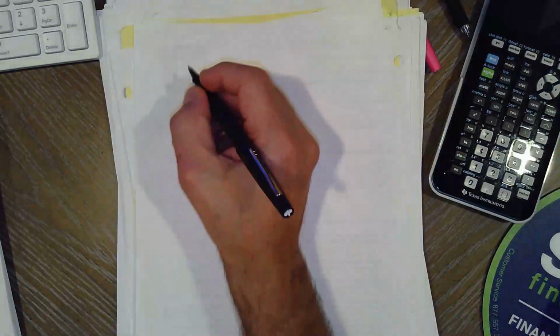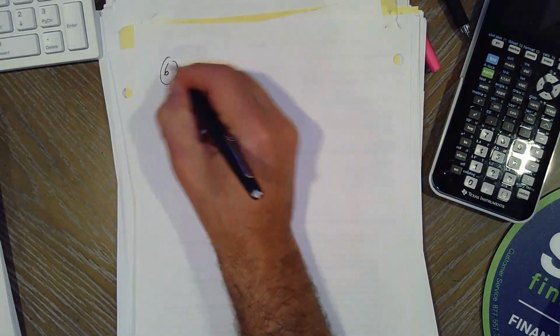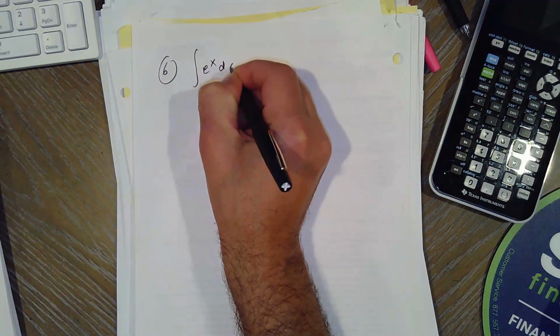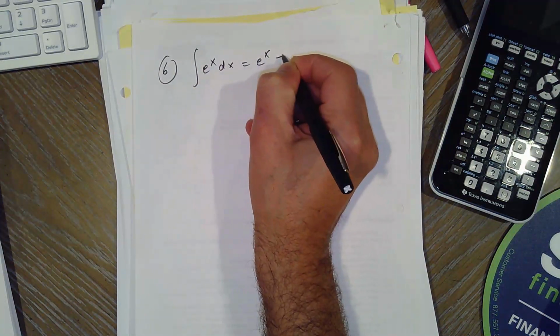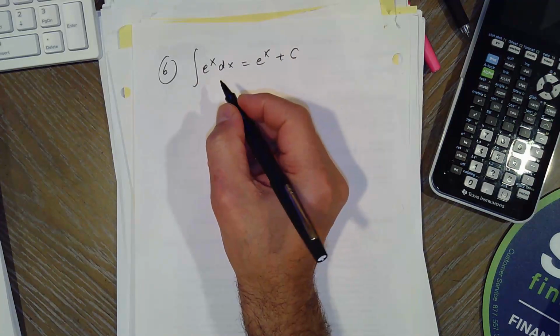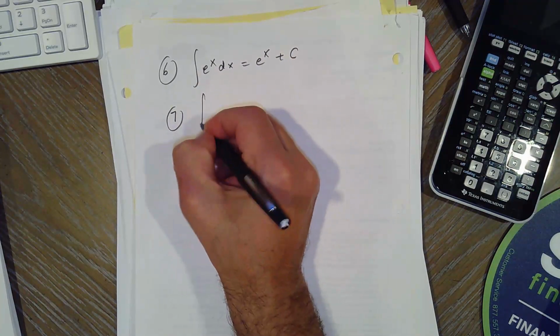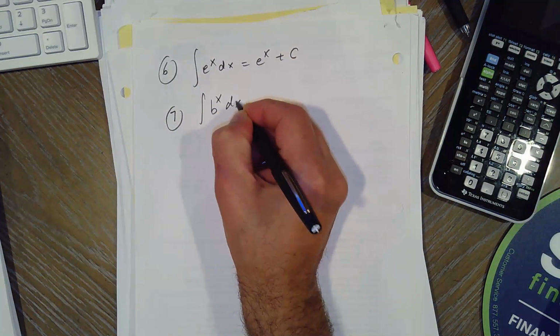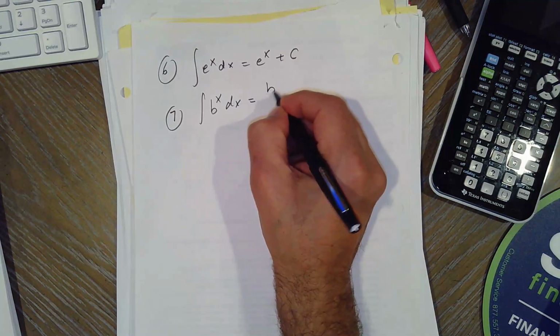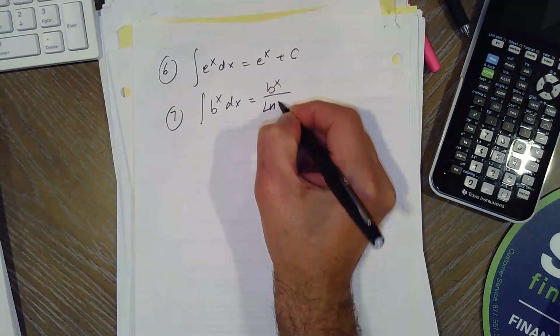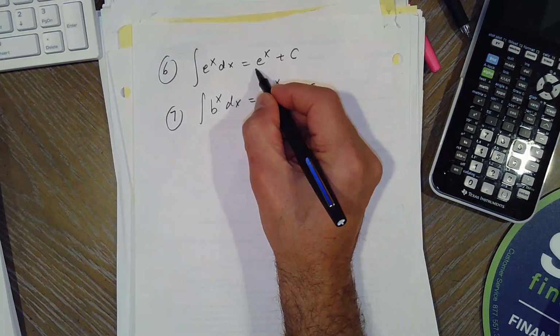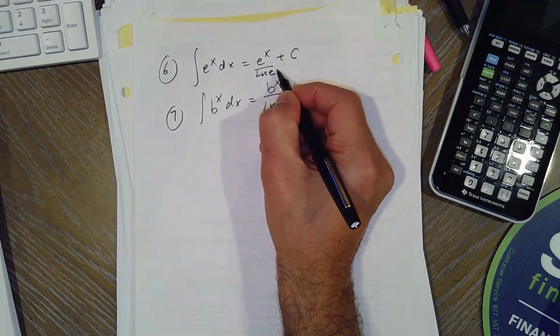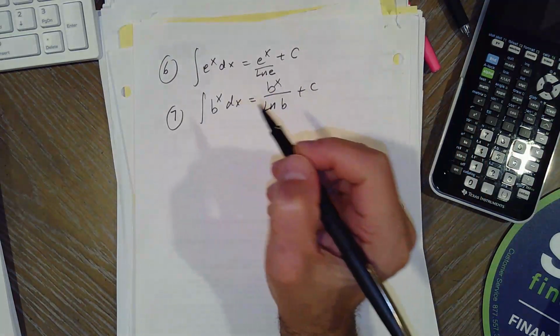The integral of e to the x dx is e to the x plus c. The integral of b to the x dx is b to the x, but then you gotta divide by ln of b. If you divide here by ln of e, it's 1, so that's why we don't do that, okay?